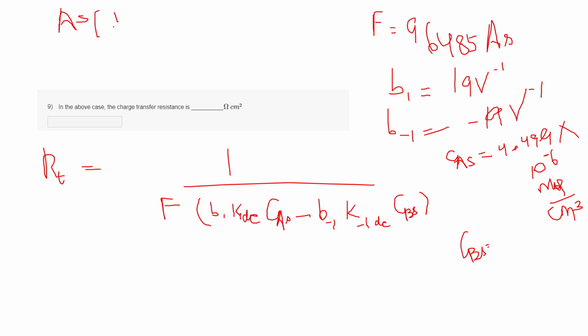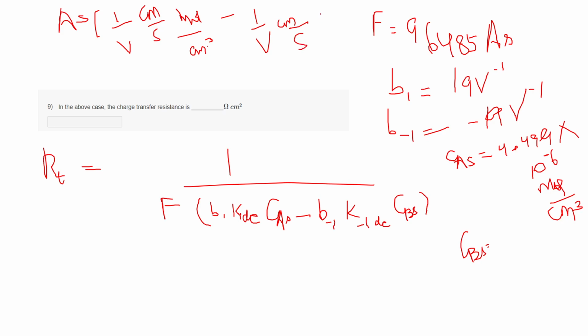B1 is volt inverse, so it will be 1 by V. K1 DC is centimeter per second. CAS is mole per centimeter cube, right? So in here also it will be 1 by V centimeter per second.